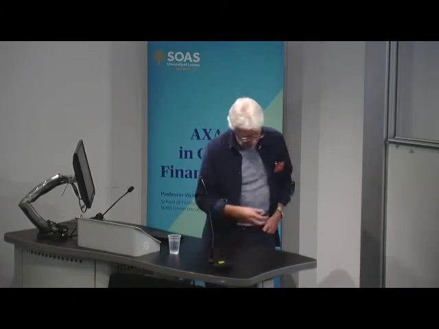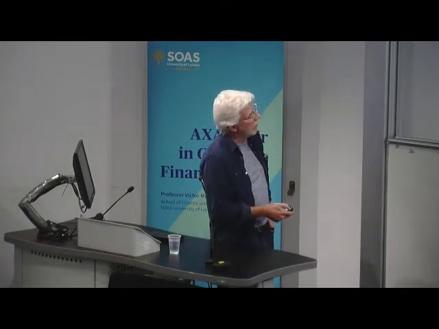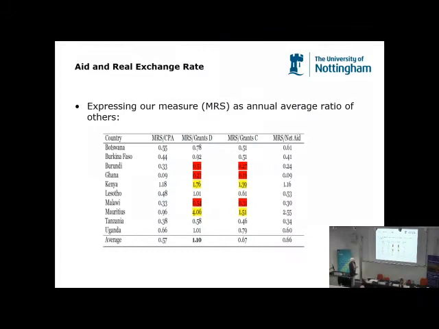Now, in this table, I'm not going to go into this, but I do want to highlight, and in particular if anybody can offer an explanation, because I don't know why, that on average, over time, over the years involved, and the countries, our measure is almost the same as the measure of grants dispersed.